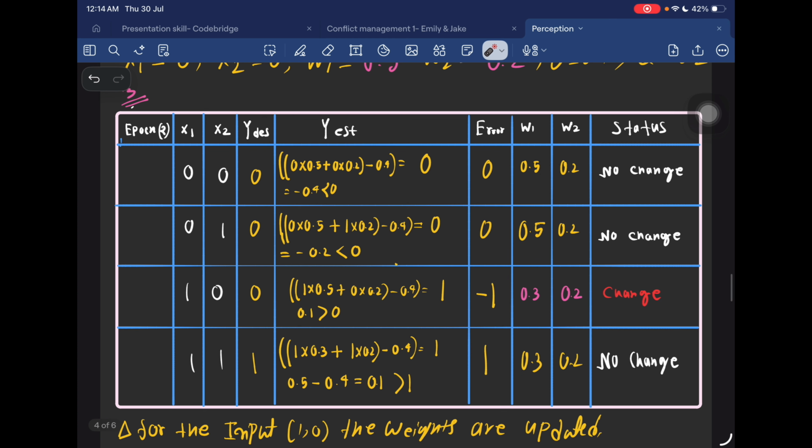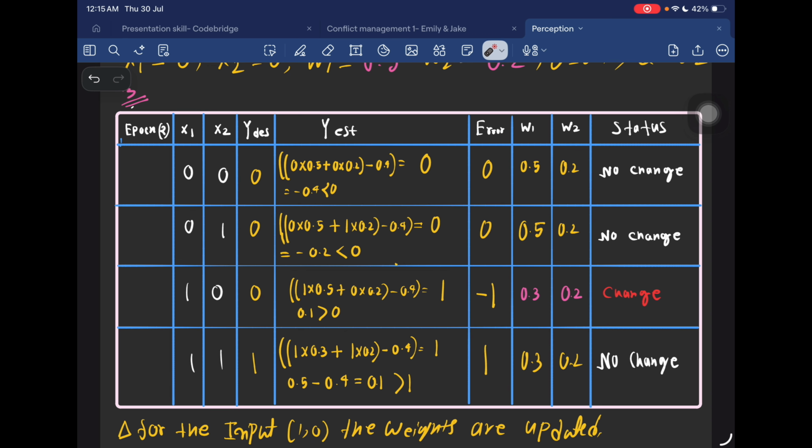Same for our next input, where the first feature is 0 and we multiply it with 0.5, plus the second feature 1 multiplied with our weight 0.2, and we subtract 0.4.